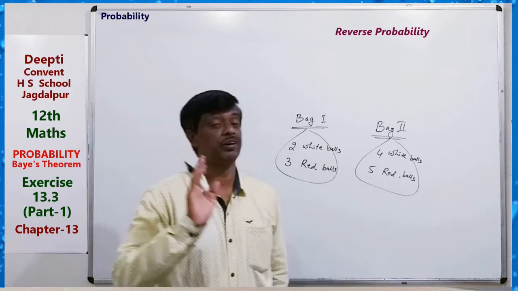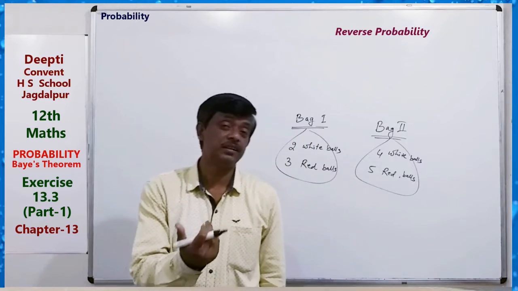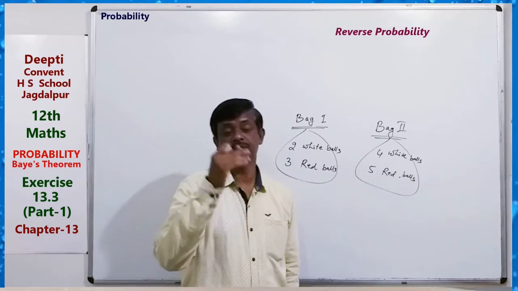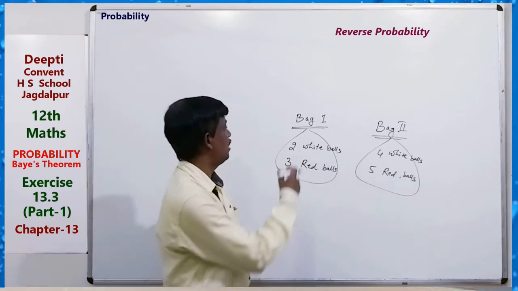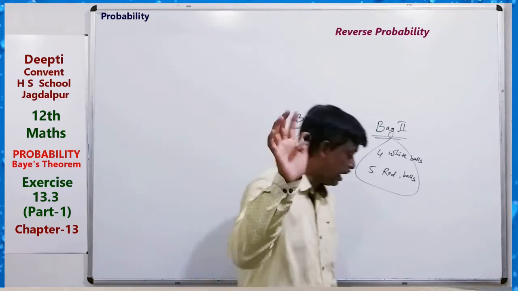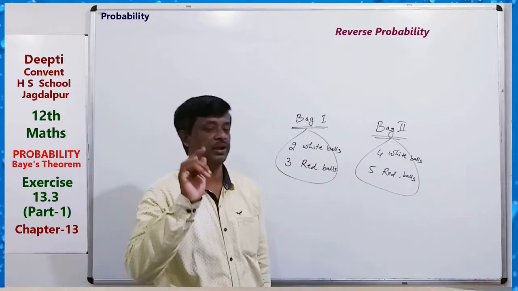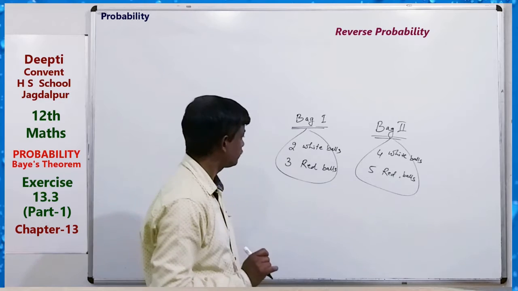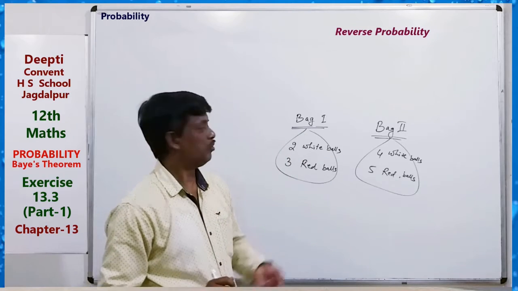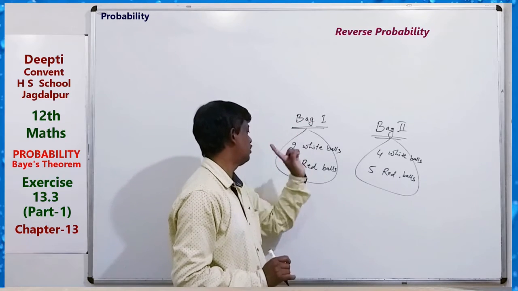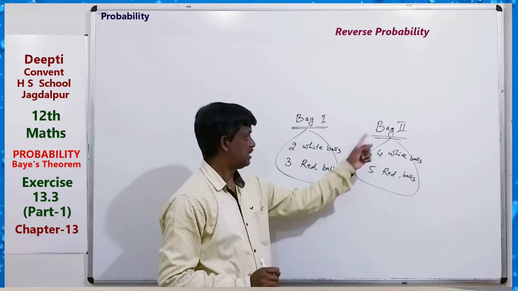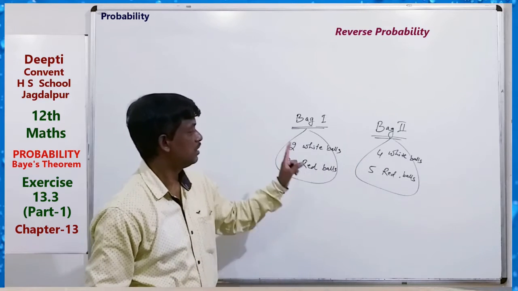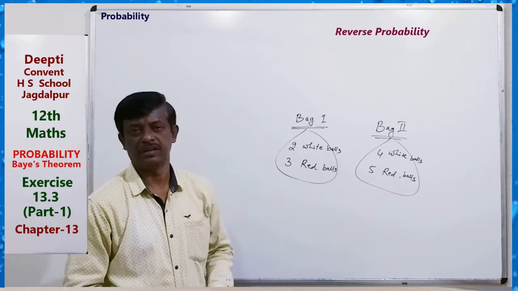For understanding reverse probability, suppose we have two bags, bag 1 and bag 2. The first bag contains 2 white balls and 3 red balls, and the second bag contains 4 white balls and 5 red balls. Clear?